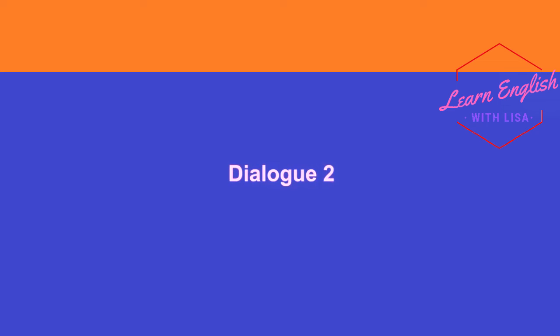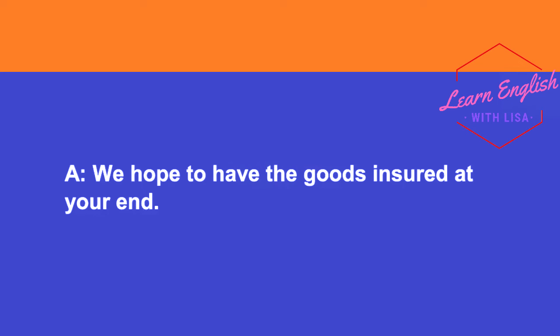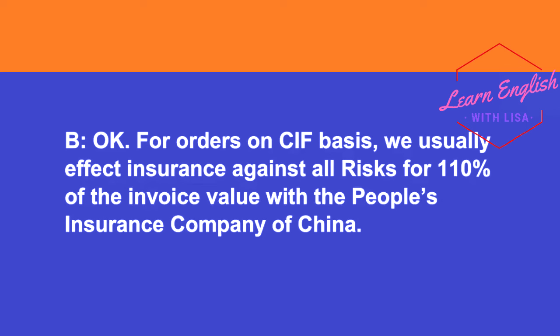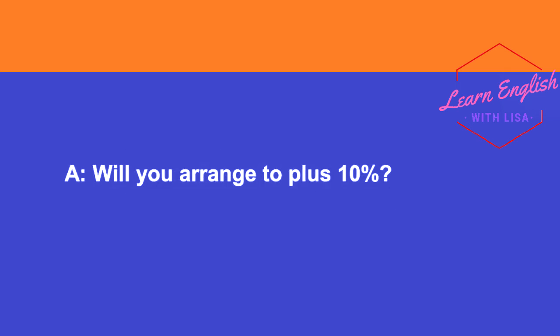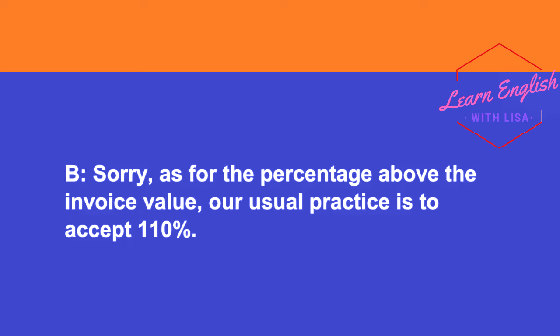Dialog 2. We hope to have the goods insured at your end. Okay. For orders on CIF basis, we usually effect insurance against all risks for 110% of the invoice value with the People's Insurance Company of China. Will you arrange to plus 10%? Sorry, as for the percentage above the invoice value, our usual price is to accept 110%.